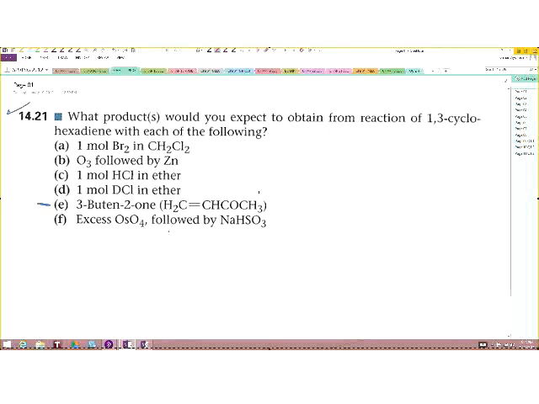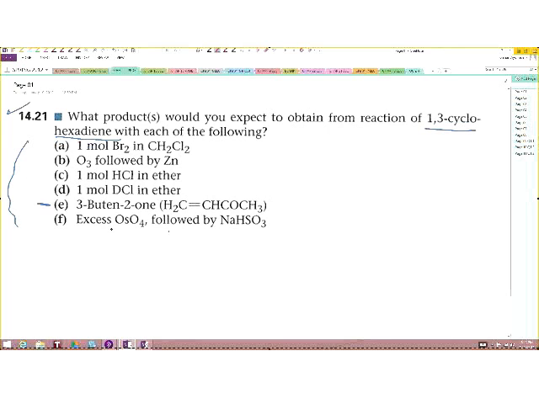Okay, thank you. So what this question is asking you, what products would you expect to obtain from reaction of 1,3 cyclohexadiene with each of the following reagents right here.